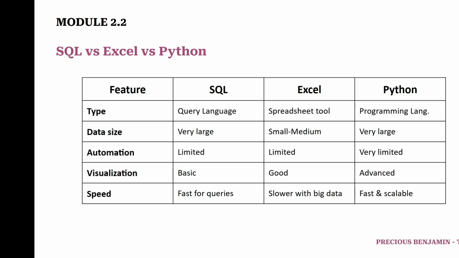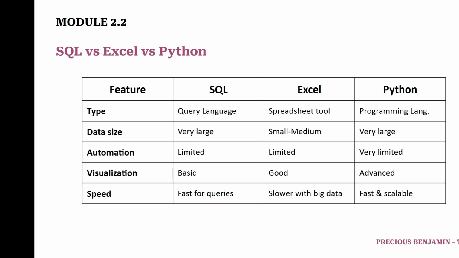Python also has the capacity to handle a very large amount of data. One thing you need to understand is Python is not just a programming language that is used for data analysis. Python is also used for building machine learning models and performing light automation.